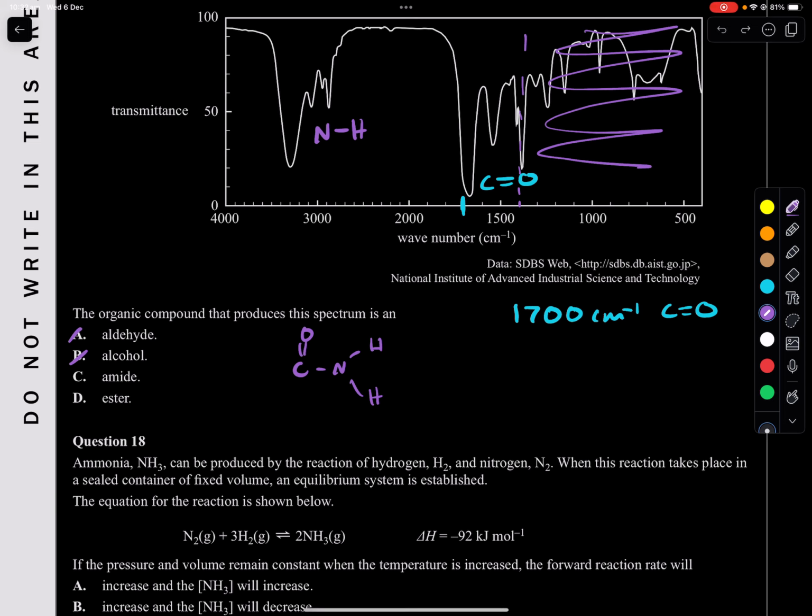We also have a C double O. Yes, so amide looks very good. And what about an ester group? An ester group looks like this. It's a C double O like this. If it's an ester group, we have a C double O, which is correct. But we also have to have a CO, which we don't look like we have. So your possible answer should be C.